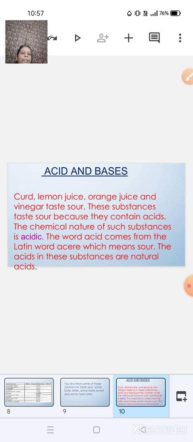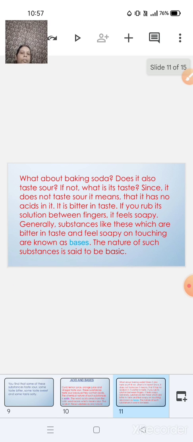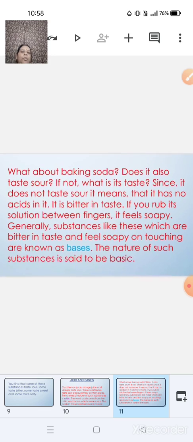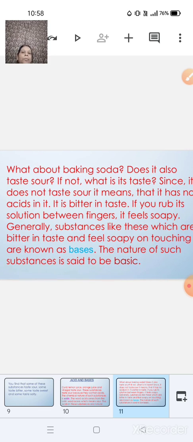The acids in these substances are natural acids. Why do we say these are natural acids? Because they are already present within these substances. We are not putting them in artificially from anywhere. Now, the next category of substances comes up.